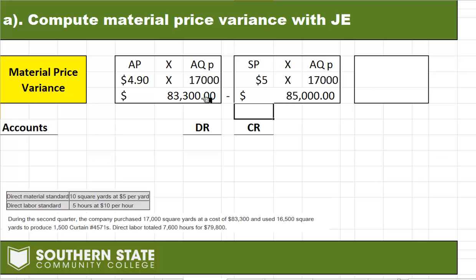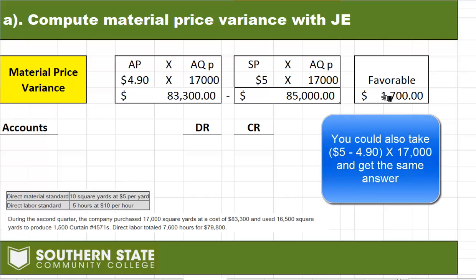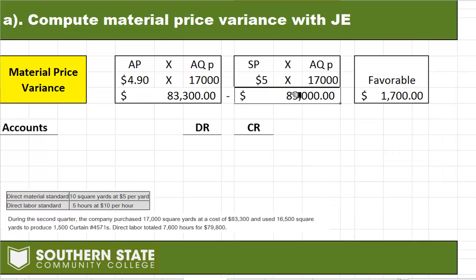In reality, we only paid $83,300. I subtract the standard from the actual, and we get a $1,700 difference. We label that favorable because we expected to pay $85,000 and only paid $83,300. Don't necessarily think of favorable as good or bad, it's just favorable. We spent less than the standard.